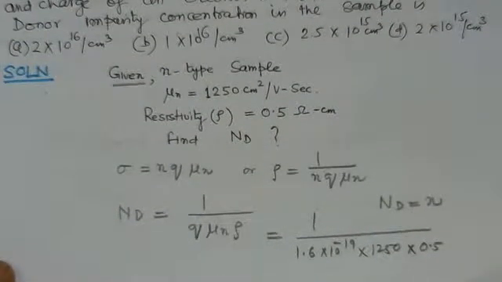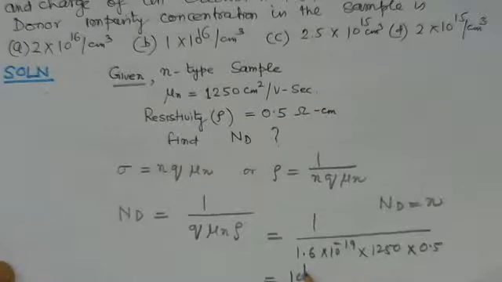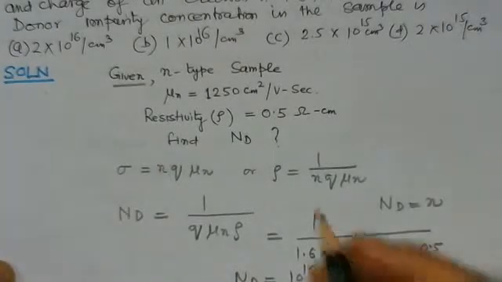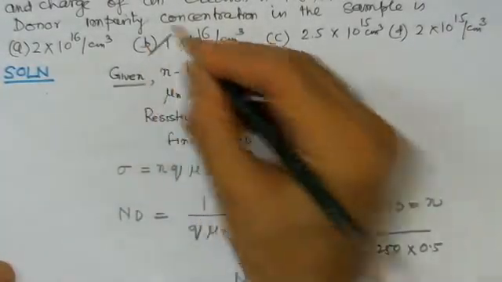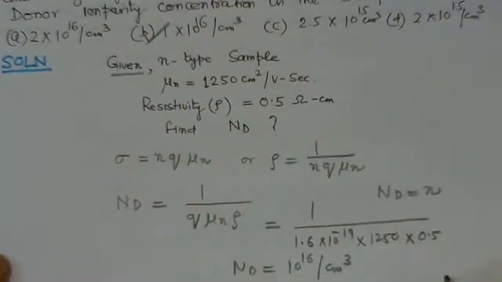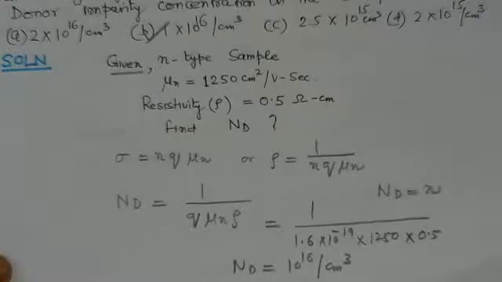If you solve this, we get the value 10 to the power 16 per centimeter cube. This is the value for ND that we have to find, and so here option B is the correct option, which gives me the value of ND as 10 to the power 16 per centimeter cube.